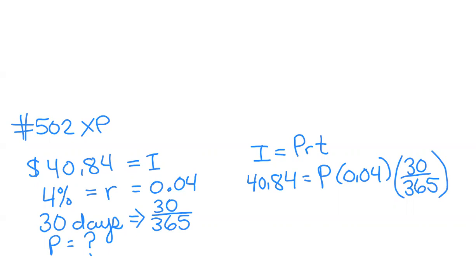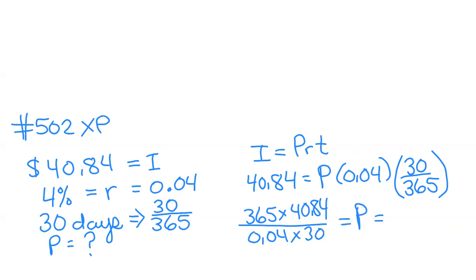So if we multiply both sides by 365 and divide both sides by the 0.04 and 30, then we will have P potentially. Let me go grab my calculator.